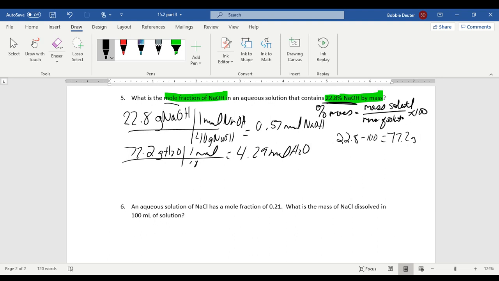Now that we have both of those, we want to find our X for our solute, because that's our sodium hydroxide. So that's going to be our molar ratio. We don't have to find it for both. We just have to find it for this one.